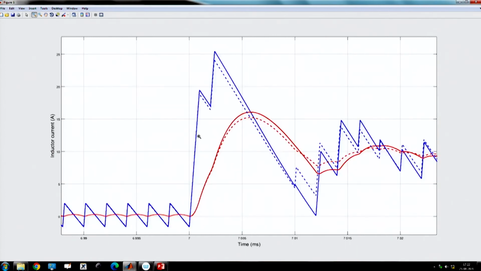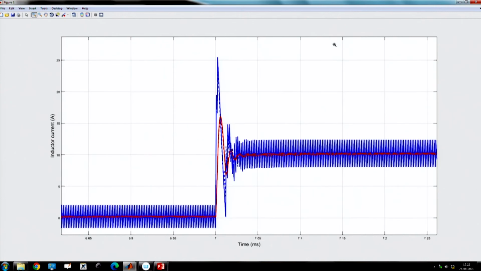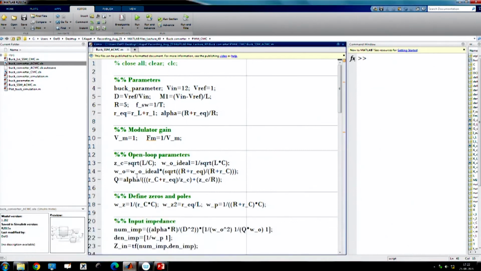So we are able to reduce slightly, but still there is a huge overshoot here.